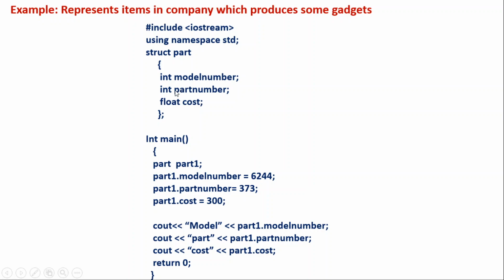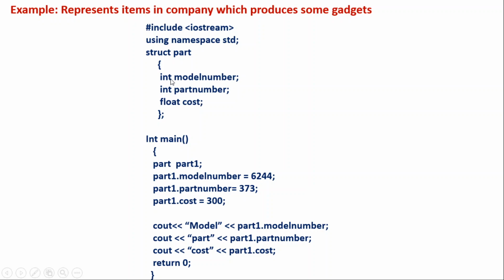We know that when you use int or float with a variable, the space for this variable is actually allocated in the memory. But when you define a structure, the space for model number, part number, and cost, that is 2 bytes or 4 bytes, is not reserved in the memory. So when you define a structure, this memory space allocation is not done.